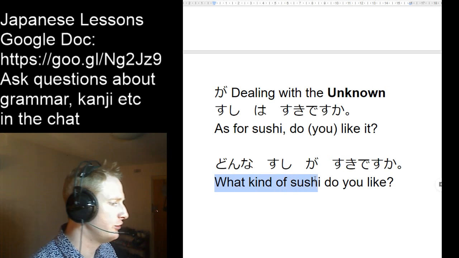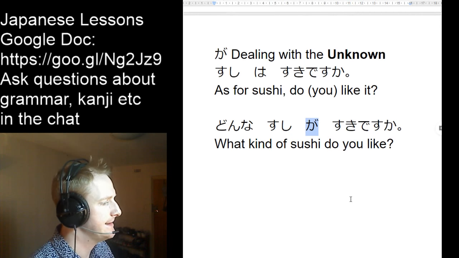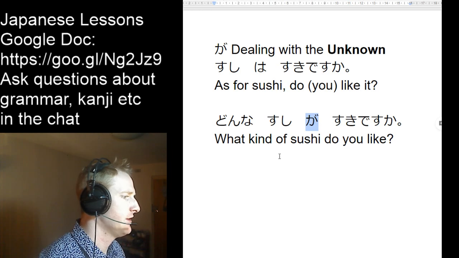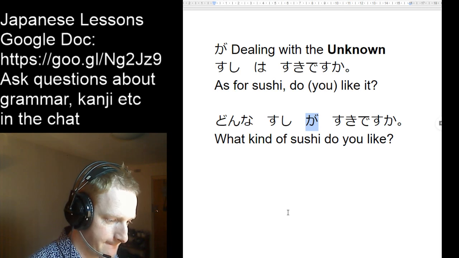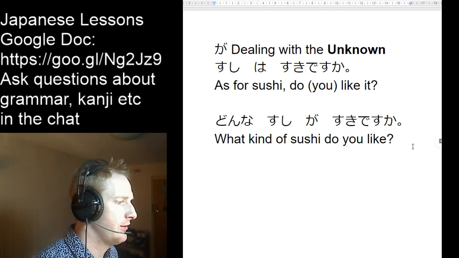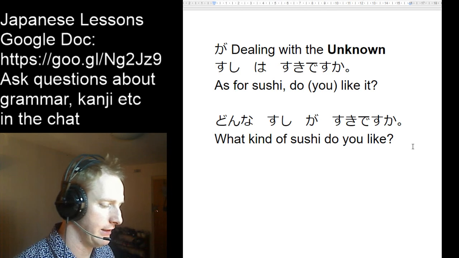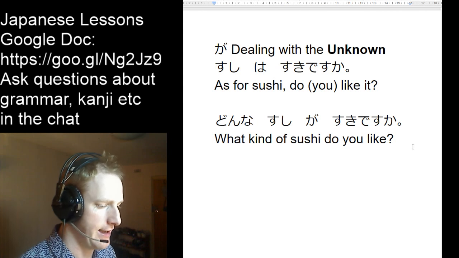So again, we've introduced this unknown, so now we can't really use wa anymore. Donna sushi ga suki desu ka? So now we need a ga because it's asking about what type of sushi, an unknown type of thing. Alright, so let's look at another example of how the wa and ga particles are slightly different. It's always the question you've got to ask yourself: are you dealing with a known or an unknown thing?